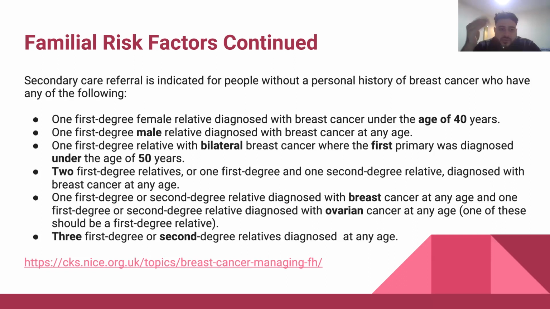Again, secondary care referral is needed. And the other ones, I would advise you to look into in your own time and have a rough idea in your head of the referral criteria, but I don't think you need to drain yourself trying to memorize every bullet point.